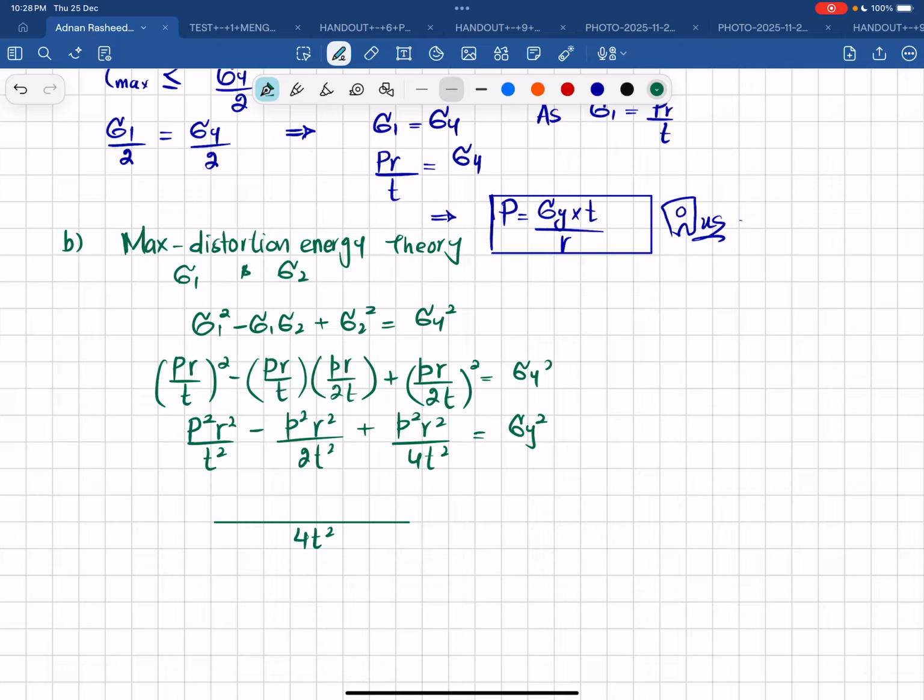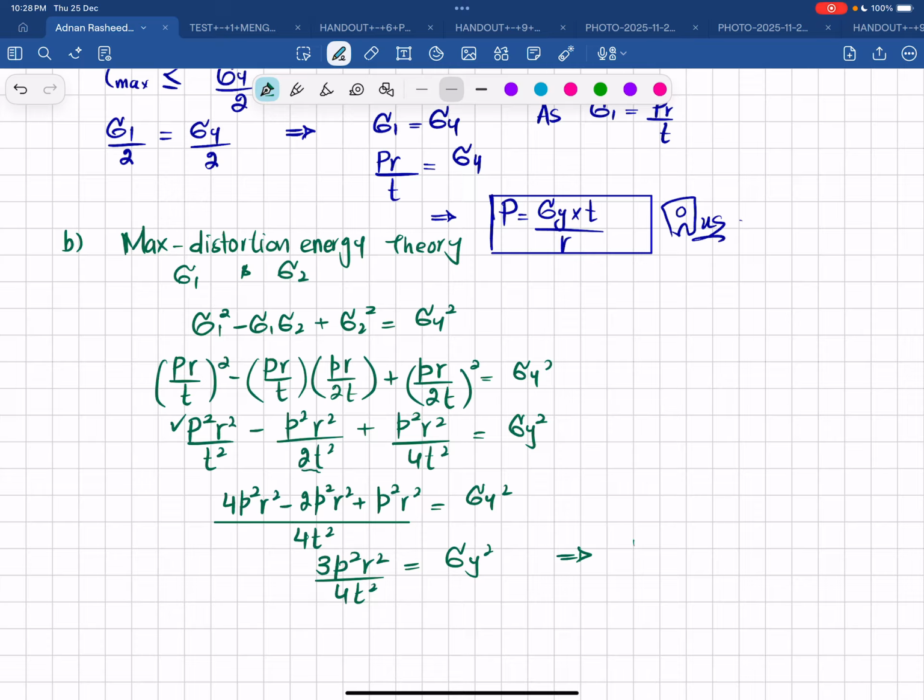So 4T squared divided by T squared is 4, which multiplies the numerator, giving 4P squared R squared. Then 4T squared divided by 2T squared is 2, giving minus 2P squared R squared, plus P squared R squared, equal to sigma yield squared. Now 4 minus 2 is 2, plus 1, so it will be 3P squared R squared divided by 4T squared equal to sigma yield squared.